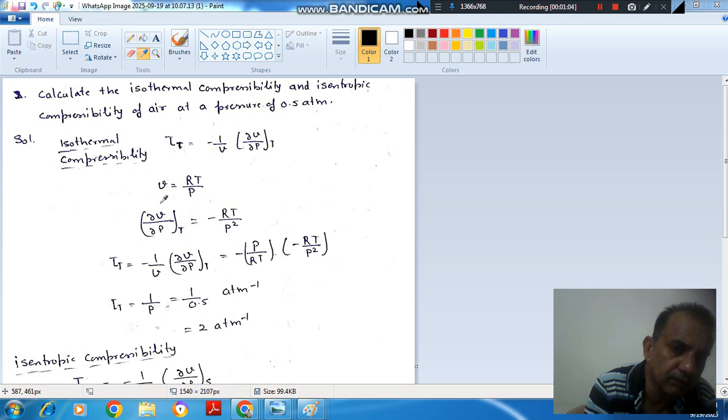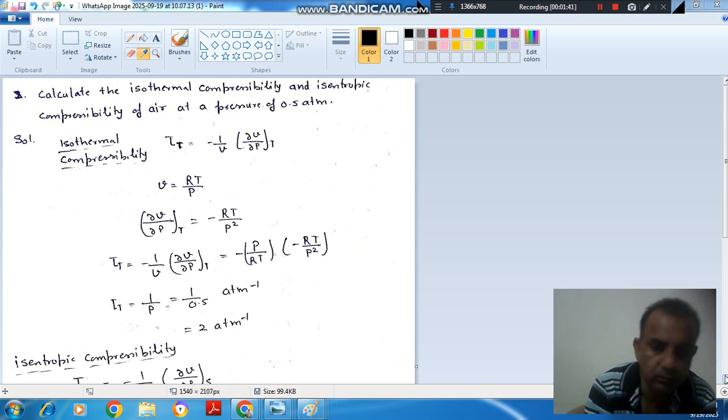Now we can put the values of V and ∂v/∂p. All things will cancel out, so we'll have 1 by P. Isothermal compressibility will be 1 by P, or 1 by 0.5 in this case, or 2 reciprocal of atmosphere. As atmosphere is the unit of pressure, the unit of isothermal compressibility is the inverse of the unit of pressure. So it will be 2 atmosphere inverse.